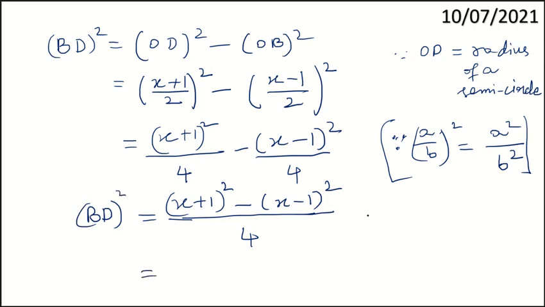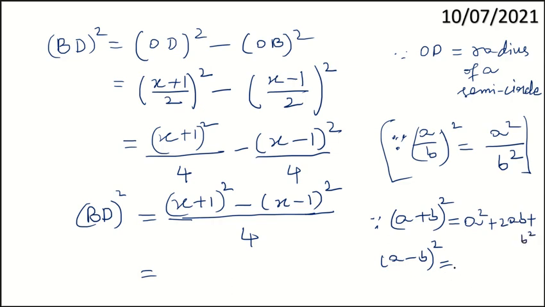Children, here we have to recollect two important identities. One is (a plus b) whole square, another is (a minus b) whole square. What is (a plus b) whole square? It is a square plus 2ab plus b square. What is (a minus b) whole square? It is a square minus 2ab plus b square. If you know these two identities, we are using them and simplifying this.